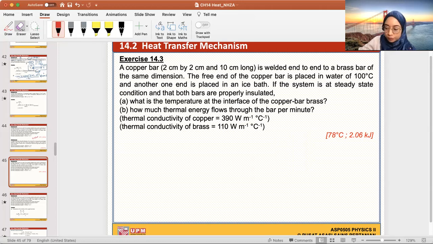Okay, Jaya, are you done yet? Yes, doctor. Okay, let's do it. So basically, Q1 over T1 equals to Q2 over T2. So we need to find separately Q1 over T1 first, which we use K1 times the area, bracket TH minus TA, over the length, which is 390 times by.